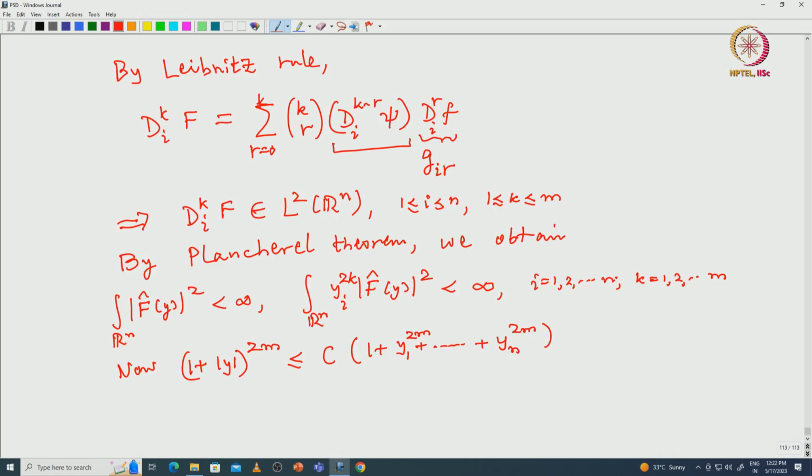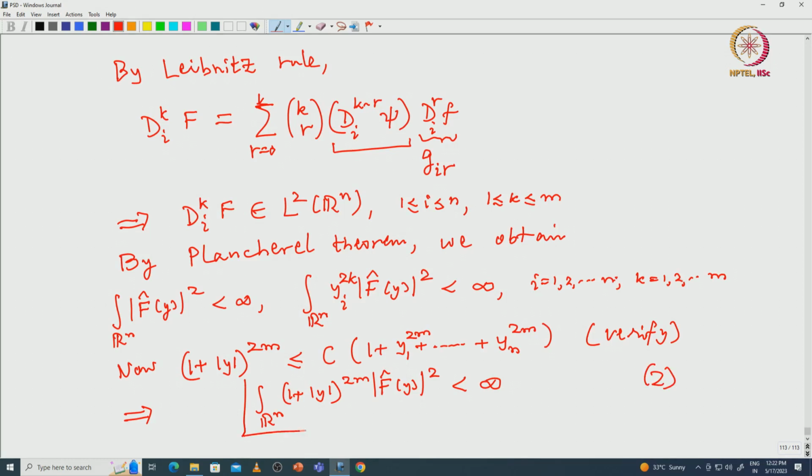This is verified. This is just an algebraic inequality, verify this, and that implies we have the integral over R^n of (1 + |y|^2)^m |F hat(y)|^2 dy is finite.